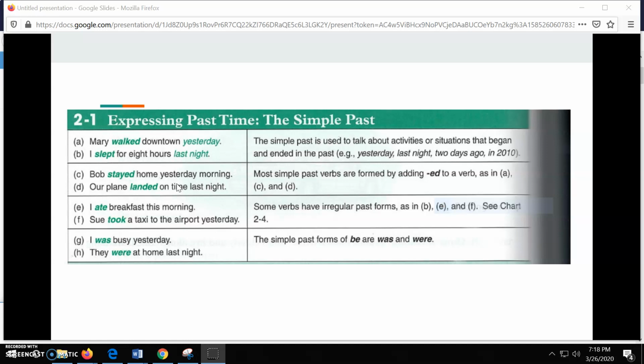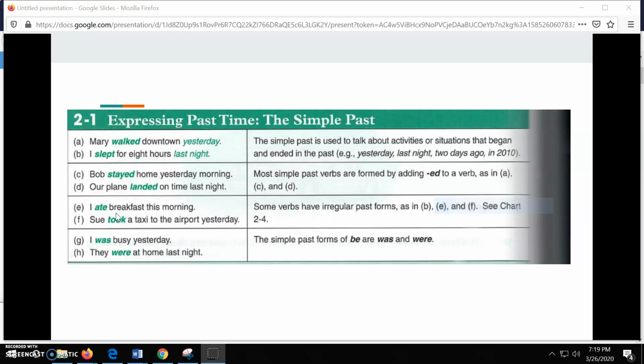So eat is present, and ate is the past form of the verb eat. F. Sue took a taxi to the airport yesterday. So took is the past form of the verb take. So these are two irregular verbs. We're going to talk about them a little bit later. There is a chart that we want to study to get to know those past forms.